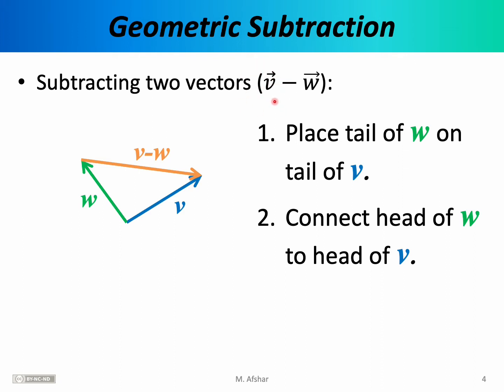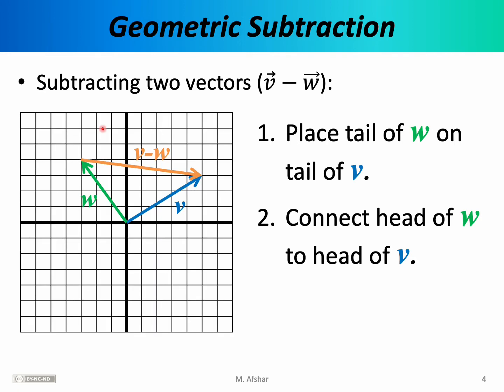In other words, if you're trying to calculate v minus w, then the difference must point towards v. But if you're trying to calculate w minus v, then the orange vector should point towards w. So the orange vector, the difference vector, is always oriented to point towards the first element of the difference.